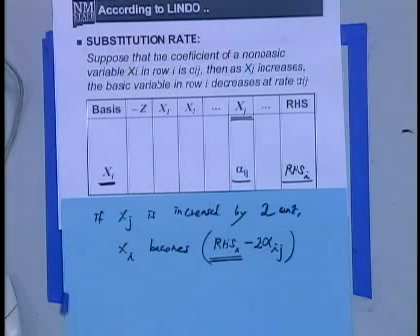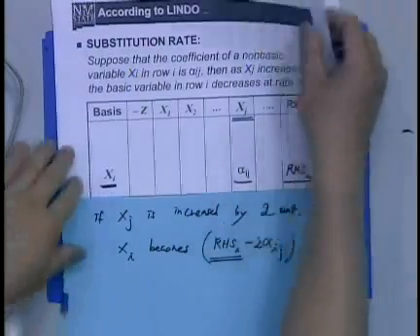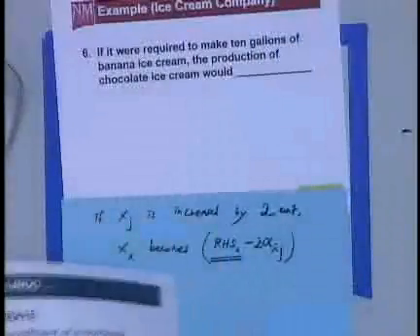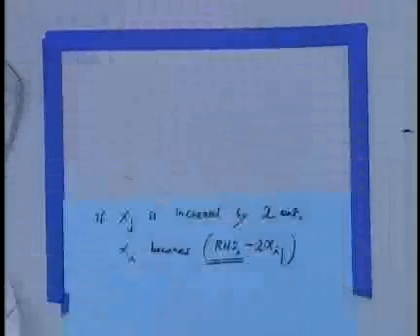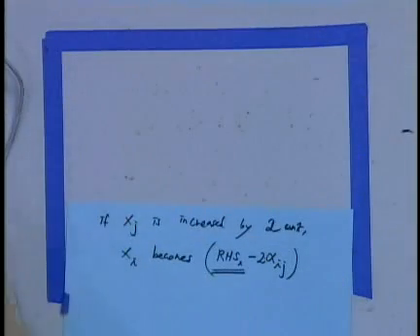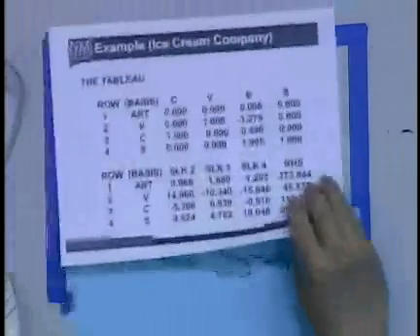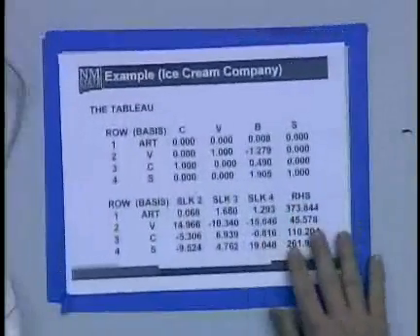Does that make sense? So, if the non-basic variable B increases by 10 gallons, using the final optimal table, we may answer the question.